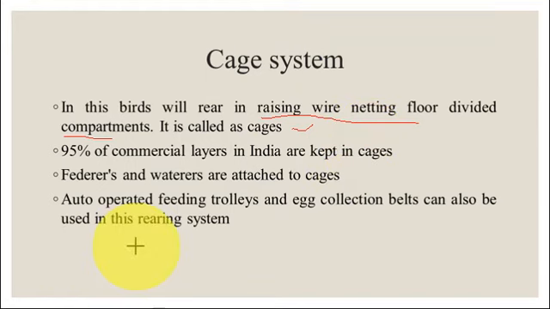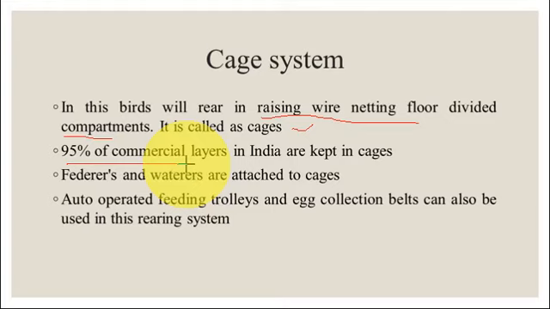In India, when we are rearing layers, 95% of the birds are reared in the cage system. Why? Because we need to rear layers for 72 to 75 weeks, and that is why they are more disease prone. To prevent this, we adopt the cage system.